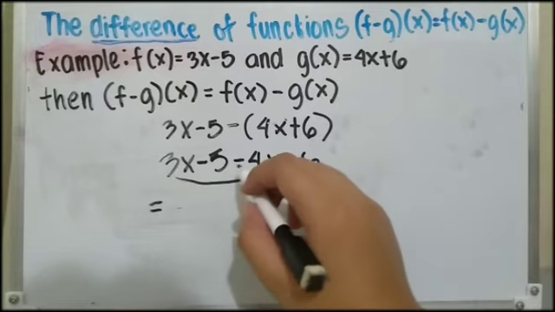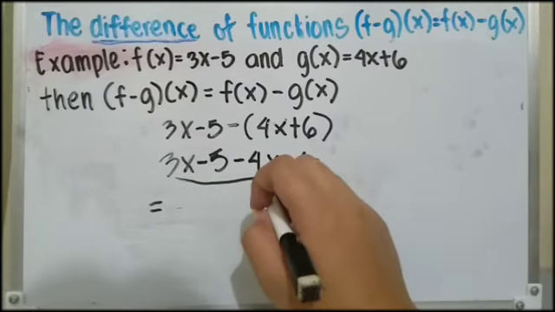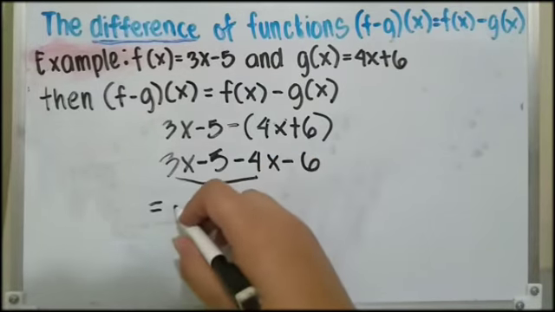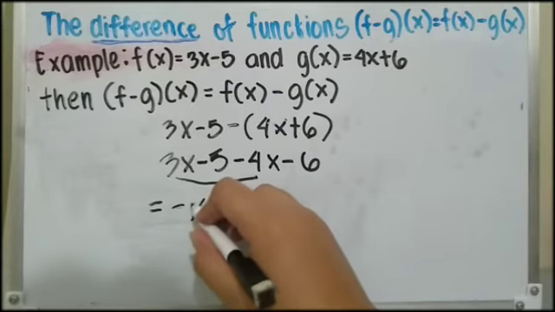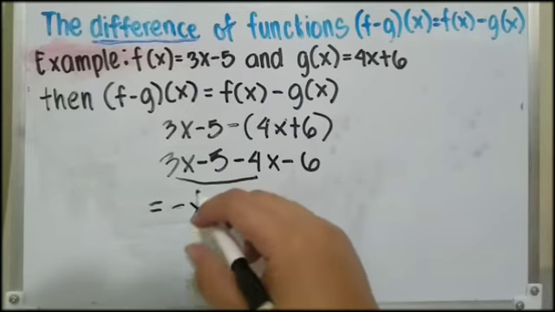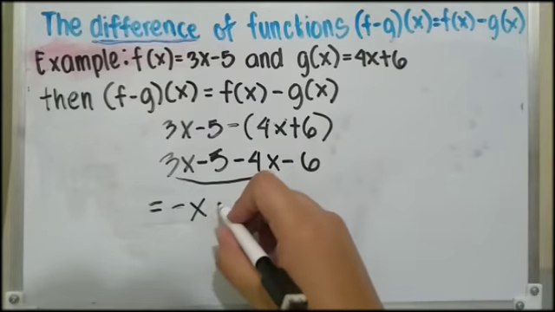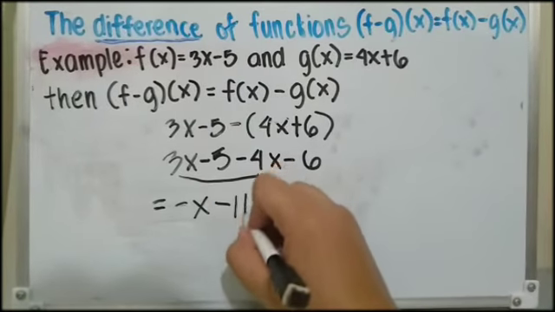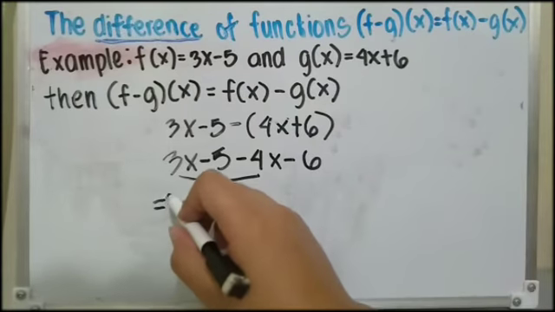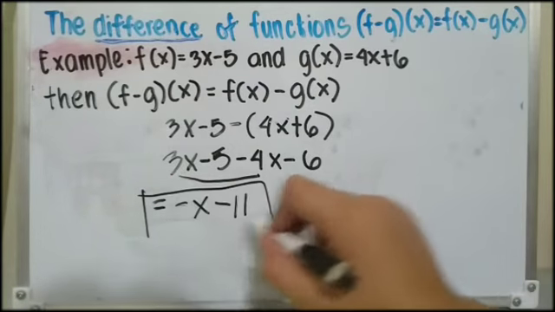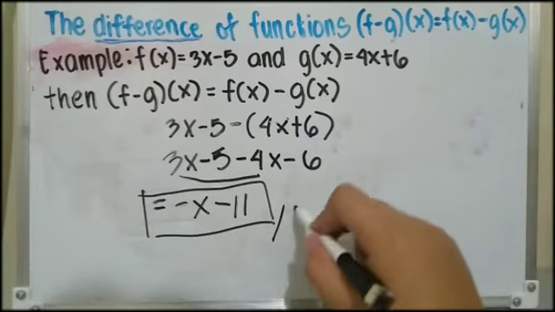So 3x minus 4x is equal to negative x, and negative 5 minus 6 is equal to negative 11. So that would be your answer for example number 1.